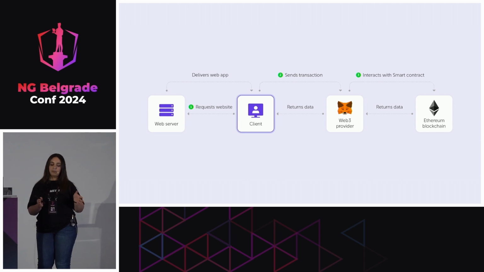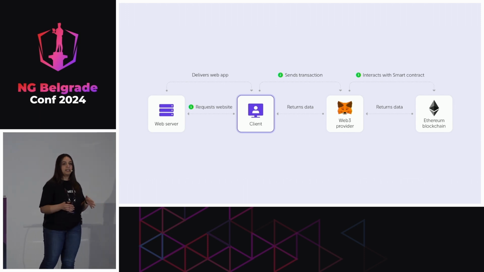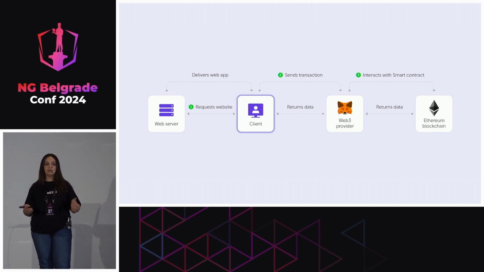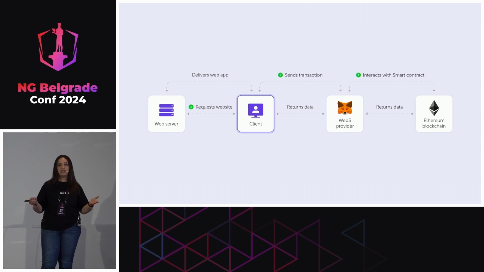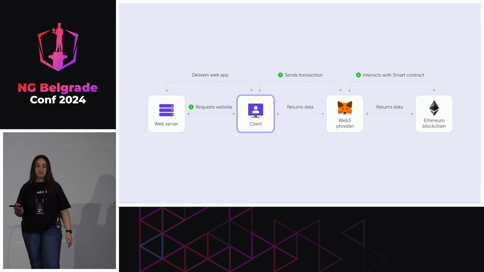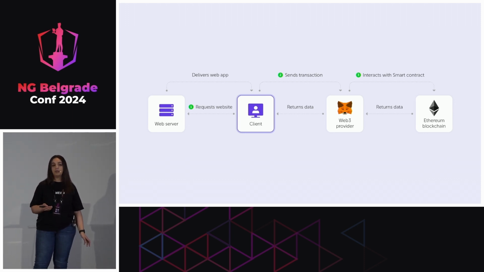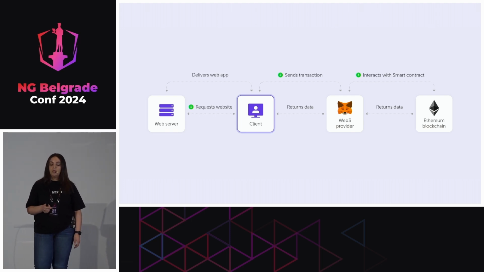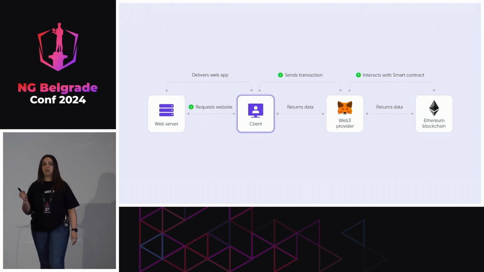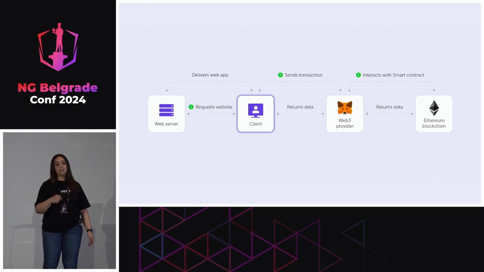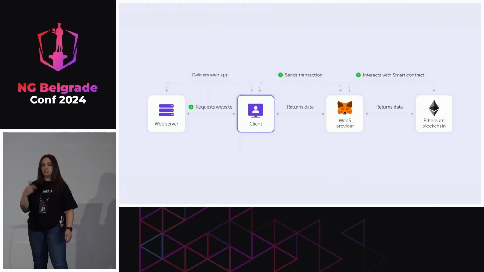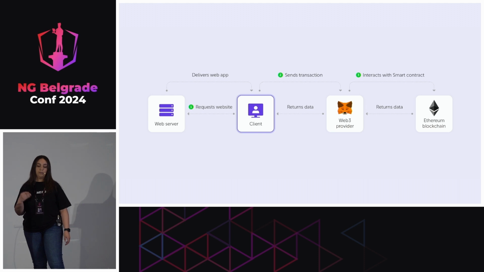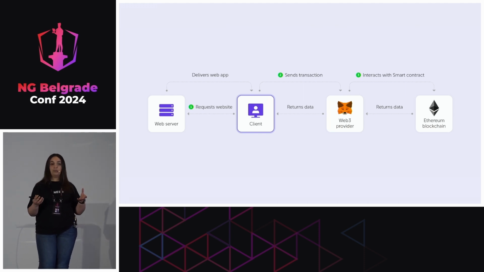So how does it actually work? The first part on the left is how, let's say, a traditional application works. We have a client that requests a website from the web server, and we get the actual web app. But now we need to communicate with the blockchain. To get to the blockchain, we need to send a transaction that will be managed by a Web3 provider.